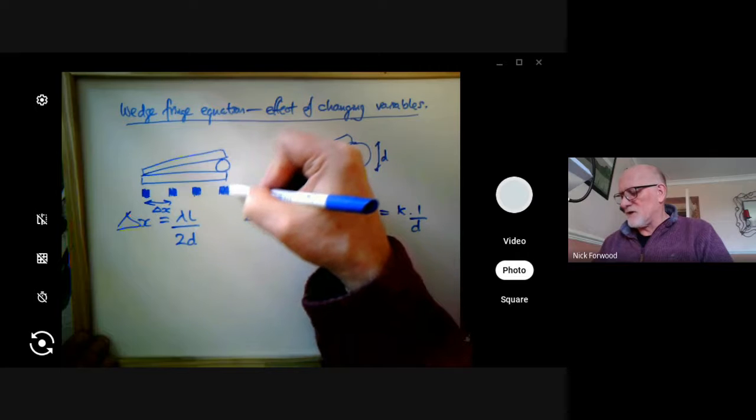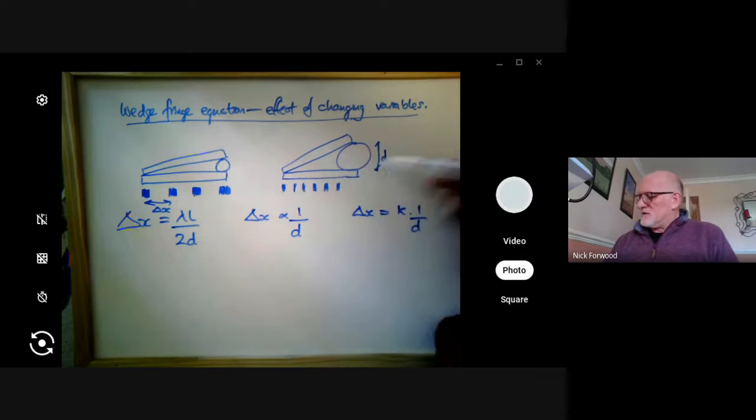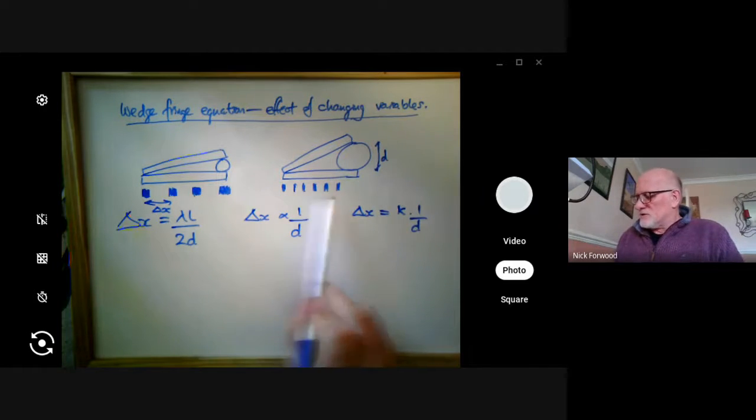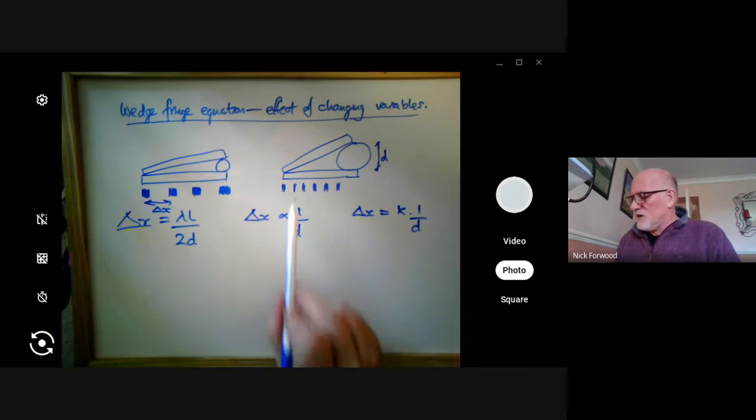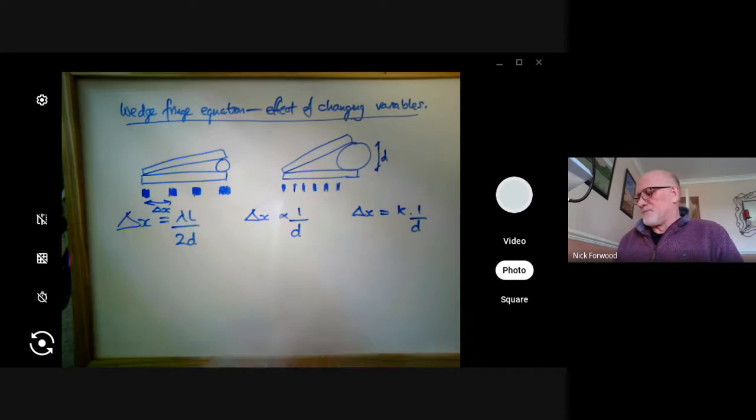This is just something you're going to have to learn. When you make this distance bigger, then the fringe separation gets less, as we've just seen, but also the actual width of the fringe itself gets thinner. So that's a second consideration that you will have to remember.